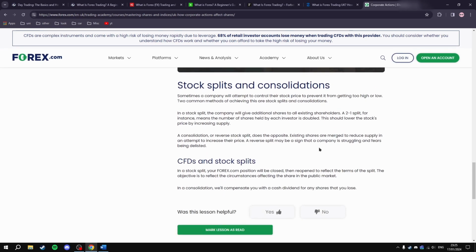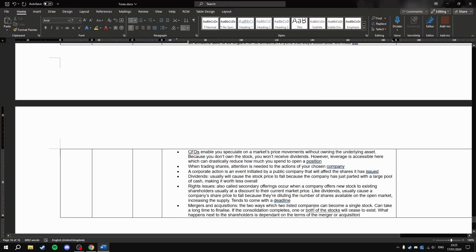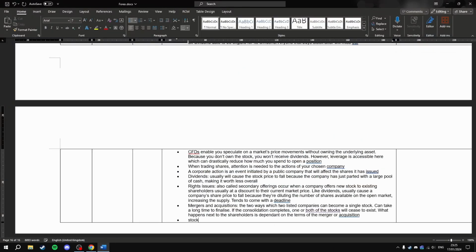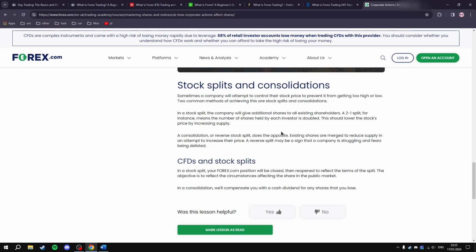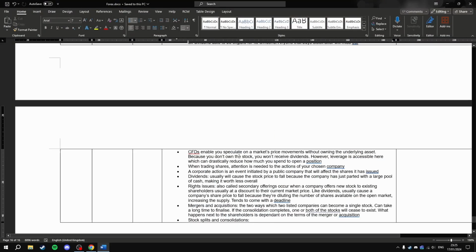Stock splits and consolidations. Sometimes a company will attempt to control their stock price to prevent it from getting too high or low.